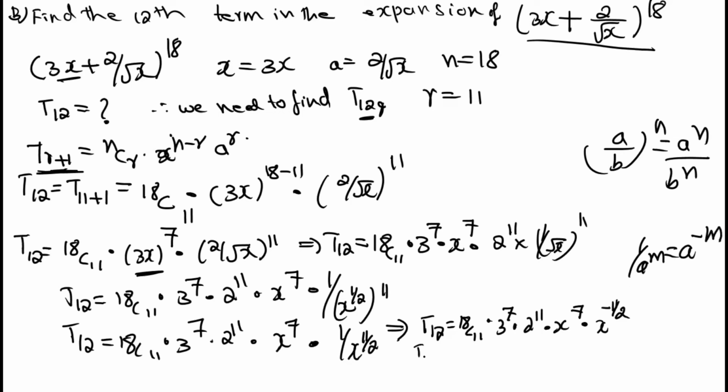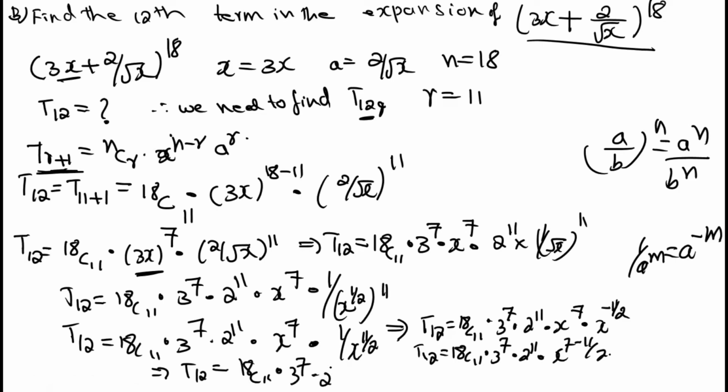Okay, in the next step, see, T12 equals 18C11 into 3 to the power 7 into 2 to the power 11 into x to the power, simplify this one, 7 minus 11 by 2. Then T12 equals 18C11 into 3 to the power 7 into 2 to the power 11 into x to the power (14 minus 11) divided by 2, that is 3 divided by 2.